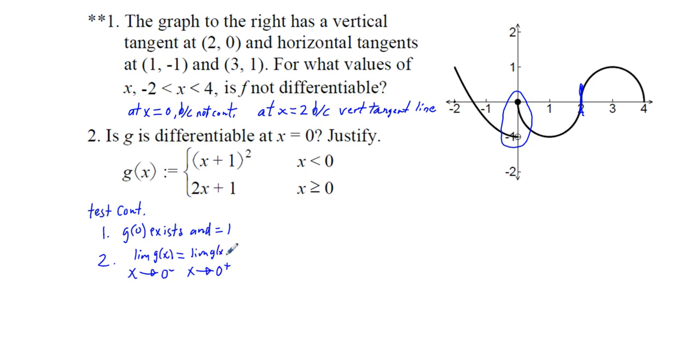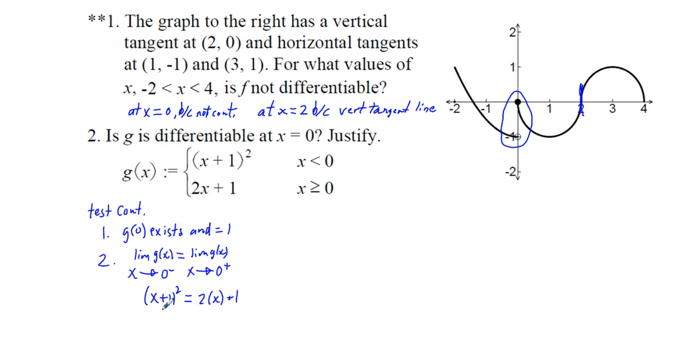Is that true? We have the quantity x plus 1 squared for the left one, and on the right one, we have 2 times x plus 1.